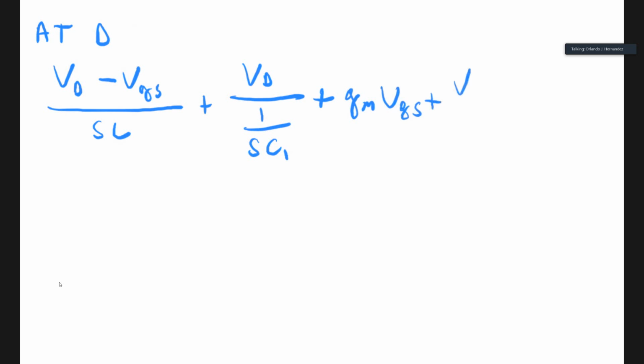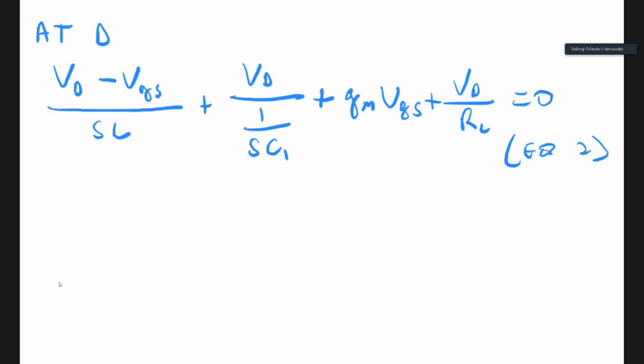Then lastly, the current through RL, that's equal to 0. I'm going to call that equation 2. And just like I did in class, I'm not going to show all the algebra, but I'm going to give you the steps.